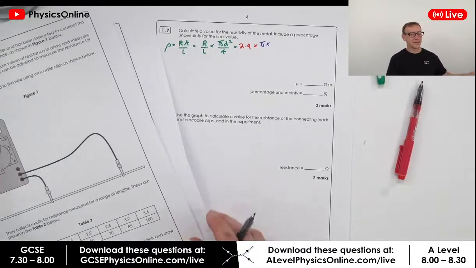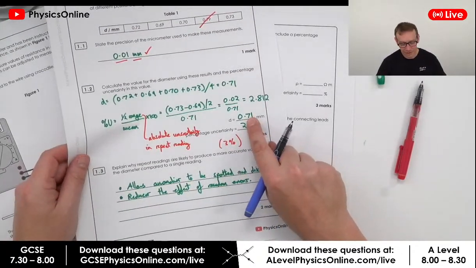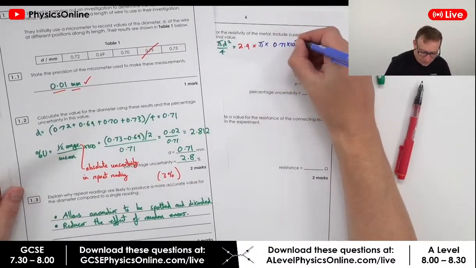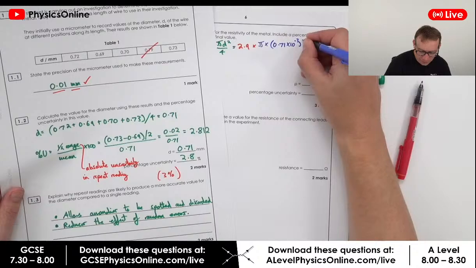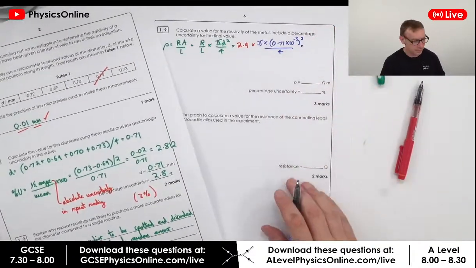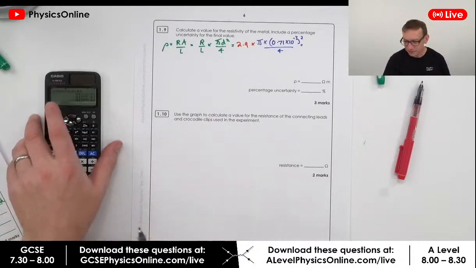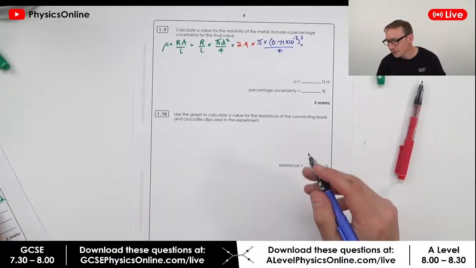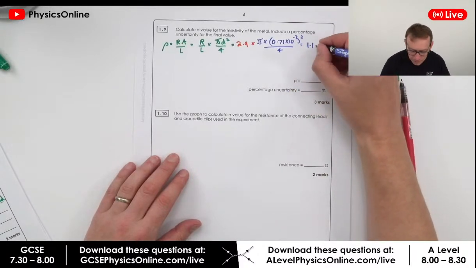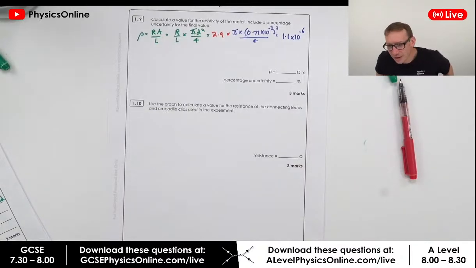And again, this is the difficulty, there are so many bits of paper. We worked out the diameter for the first part of the question, 0.71 millimetres. So that's times 10 to the minus 3 metres, all squared, divided by 4. And when we put that into our calculator, this gives a number equal to 1.1 times 10 to the minus 6. I'm sure you saw that.